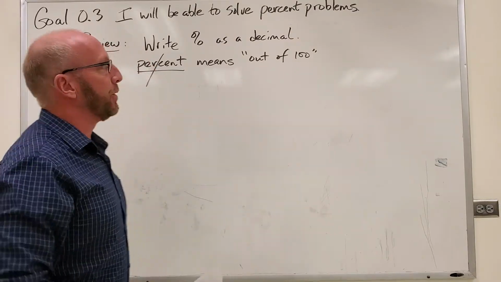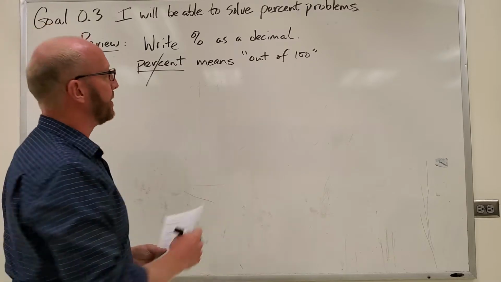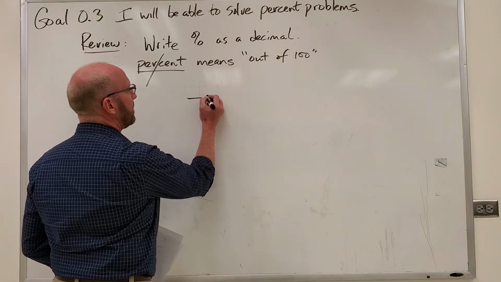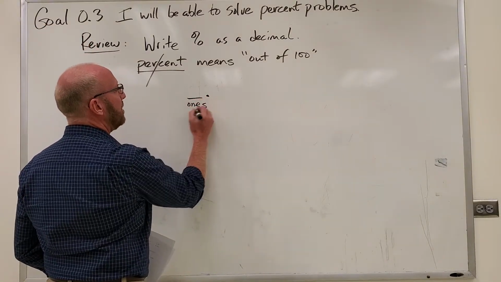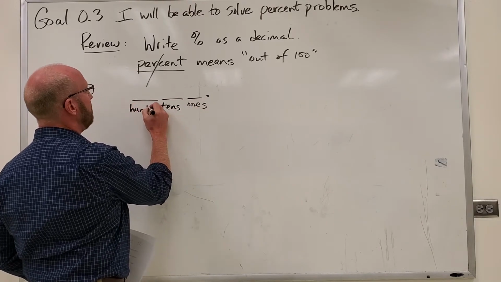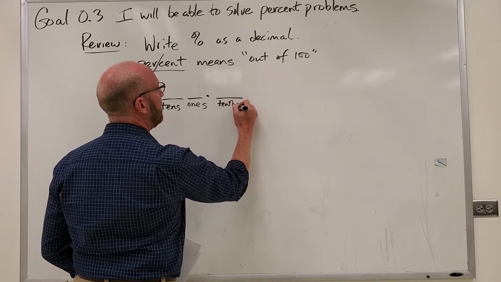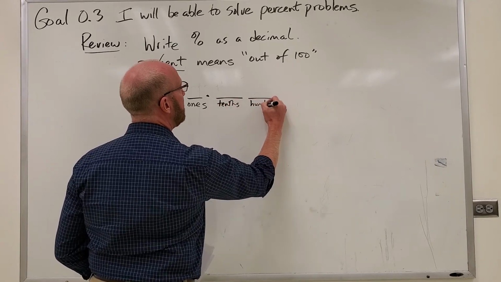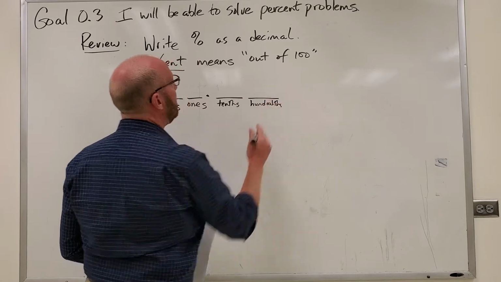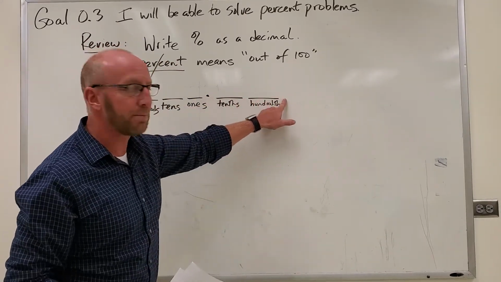So it means out of 100. So 100 in our decimal system is 2 decimal places. In our decimal system, we have ones, we have tens, we have hundreds, and then here we have tenths, and here we have hundredths. So to move 100 is to move 2 decimal points.